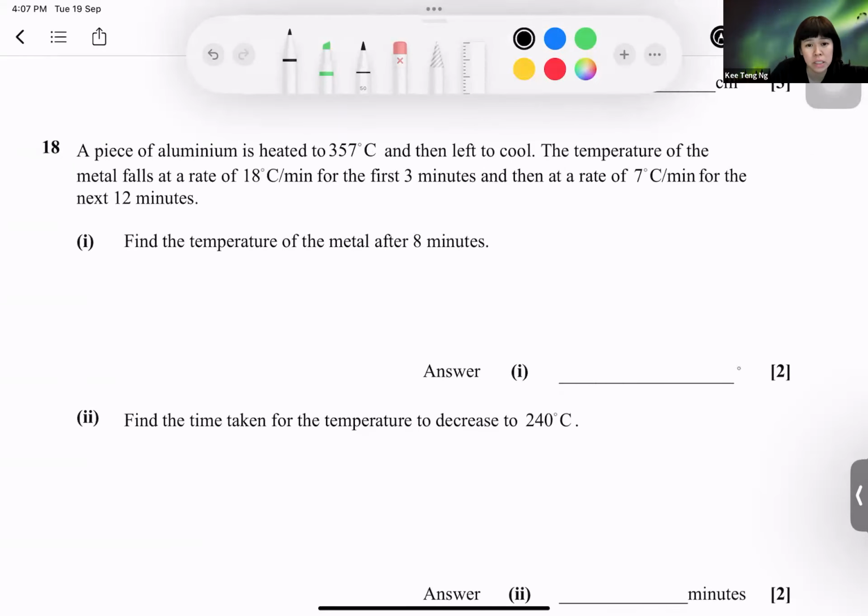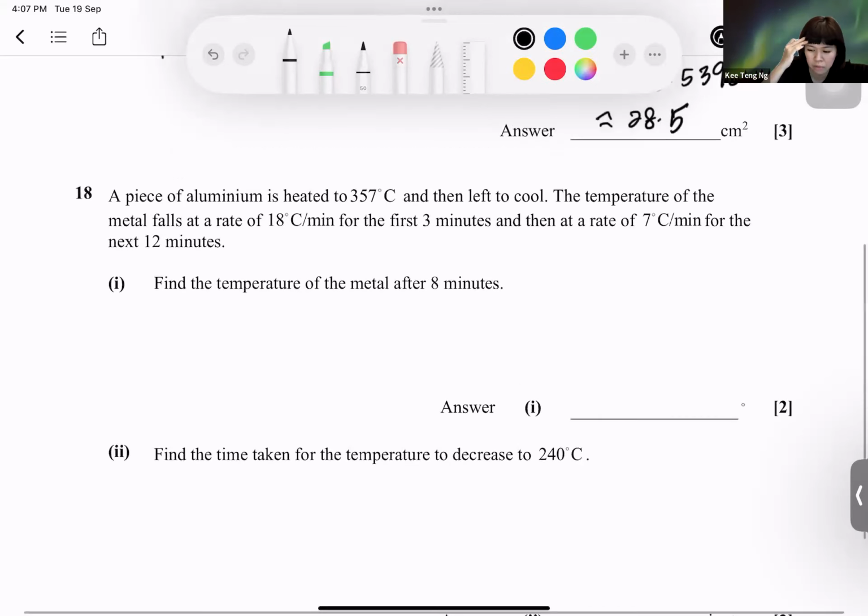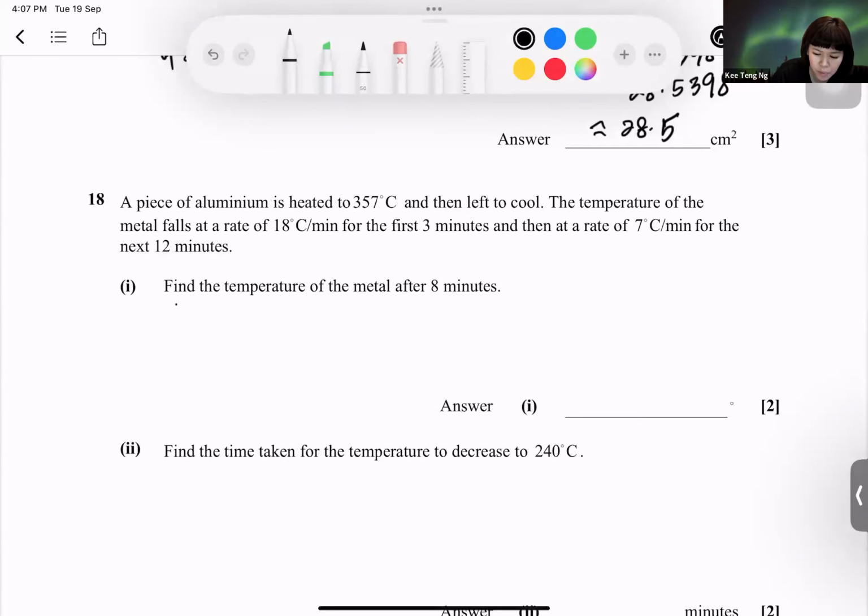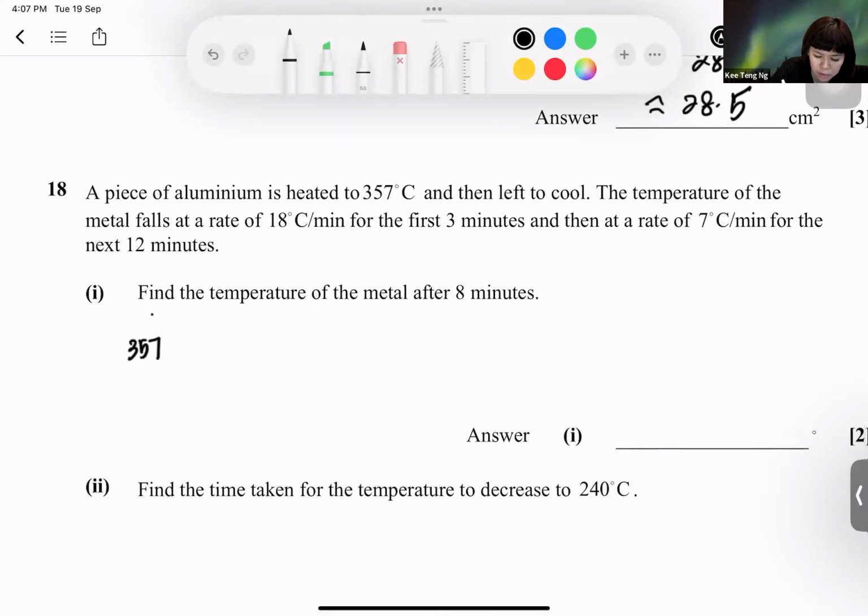A piece of aluminum is heated to 357 degrees Celsius and then left to cool. The temperature of the metal falls at a rate of 18 degrees Celsius per minute for the first 3 minutes, and then at a rate of 7 degrees Celsius per minute for the next 12 minutes. After 8 minutes, let me see. It starts at 357 degrees Celsius. For the first 3 minutes, it drops by 18 each minute. 357 minus 18 is 339.